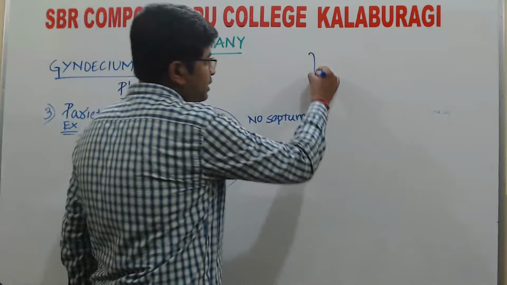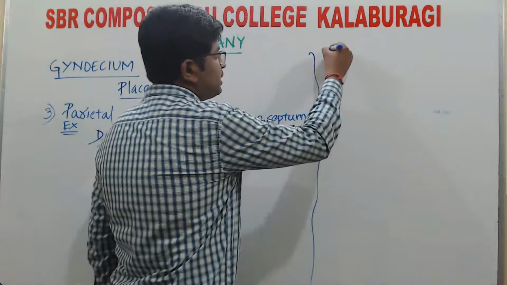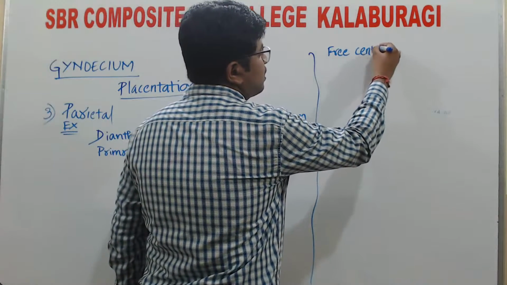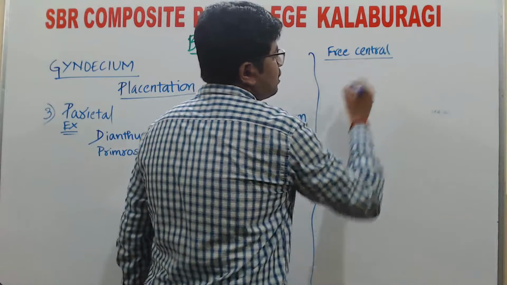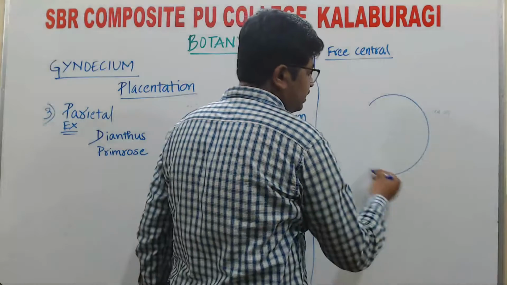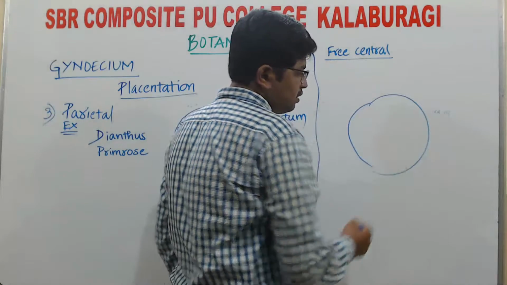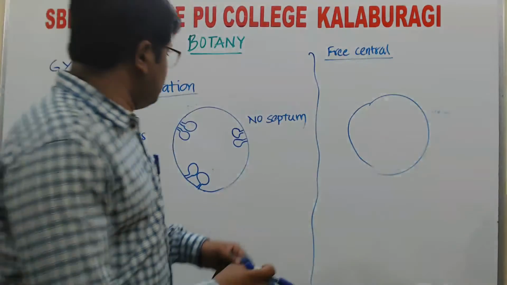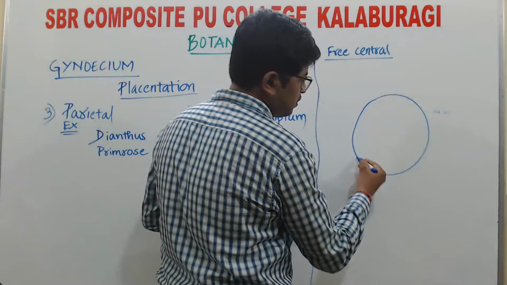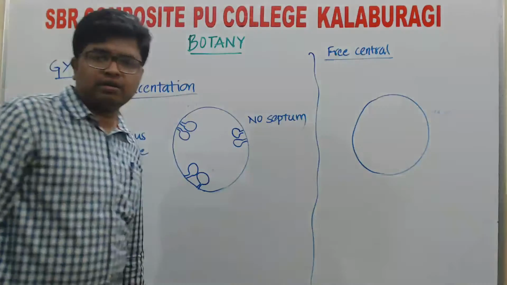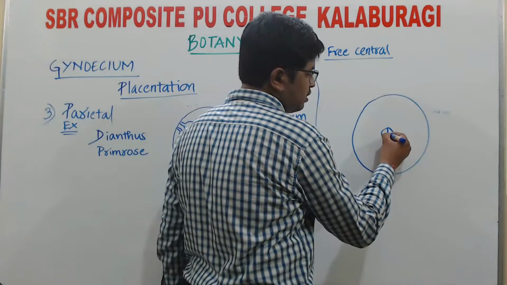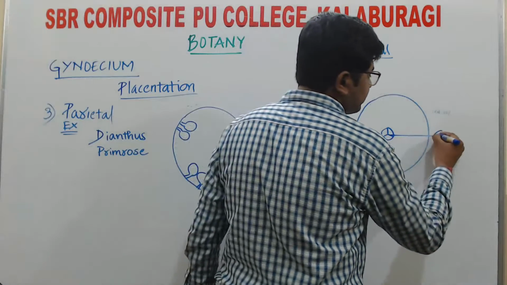The next is the free central. In the free central, as the name suggests, you will have the ovary. This is an ovary. At the center, there will be the central axis.